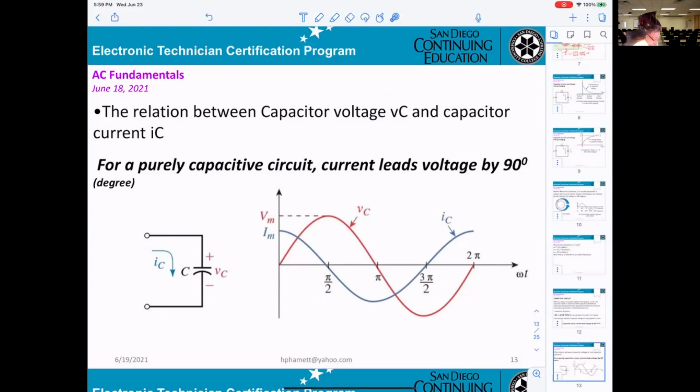So that's why they say the current IC will be leading voltage VC by 90 degrees. That's what you have to memorize. When you do a PSpice simulation, you can see exactly that: IC will be leading VC by 90 degrees.